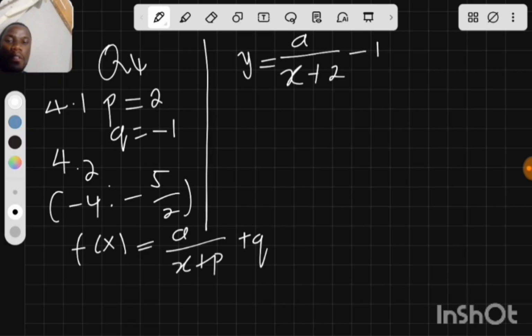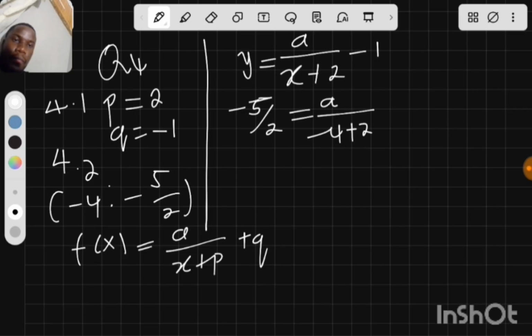Where we see y, we substitute minus 5 over 2, which is equal to A over, where we see x, we substitute minus 4 plus 2, minus 1. Transpose minus 1 to the left.